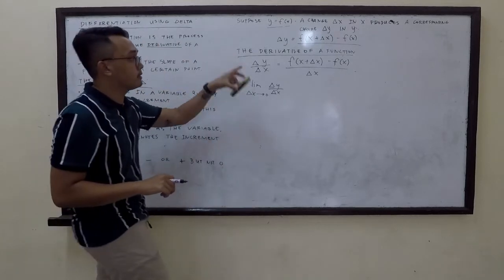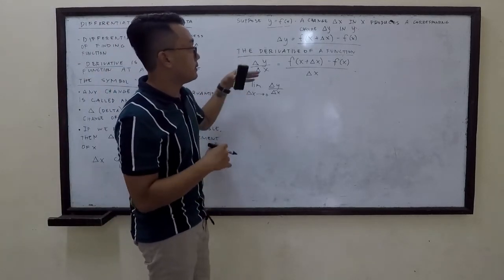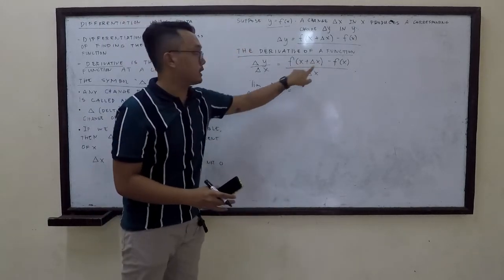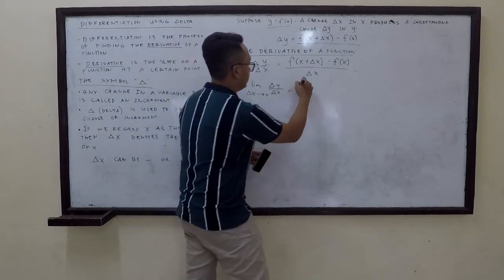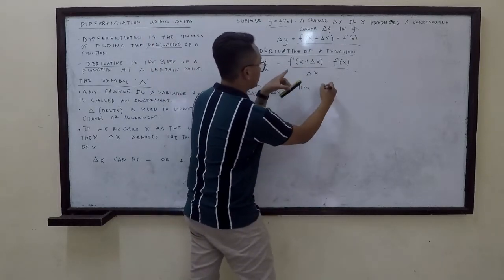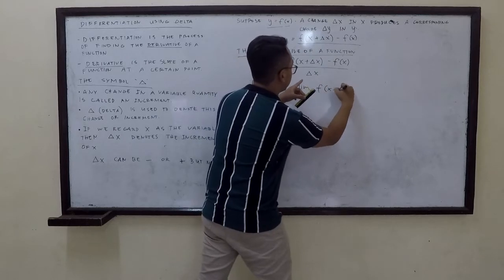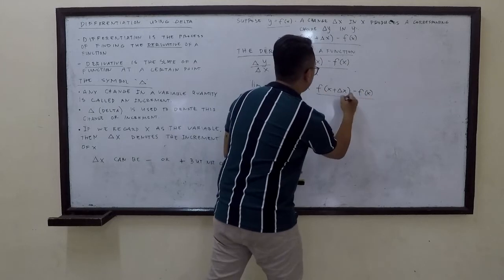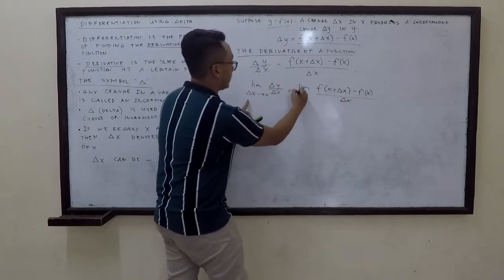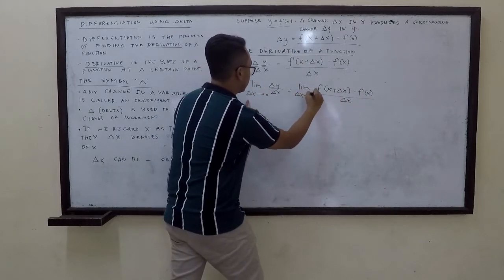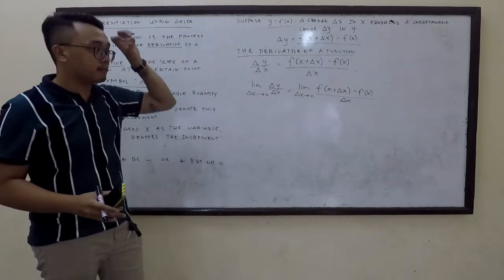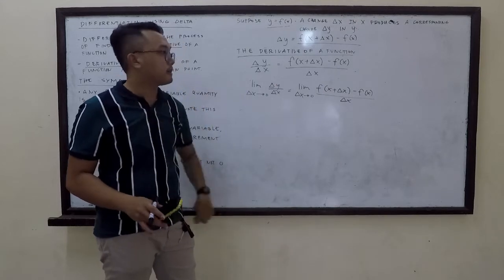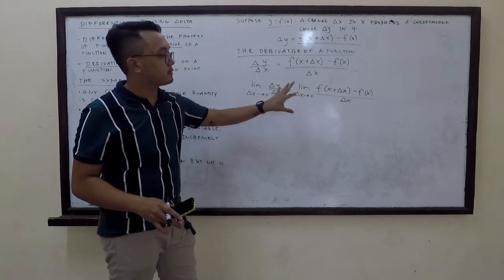Okay, so this is now our new formula. So, since delta y is this, then delta x is the same. Copy only. Limit of delta y, which is f of x plus delta x, minus f of x, over delta x, as delta x approaches 0. So, by this formula, we can now find the derivative of any given function.